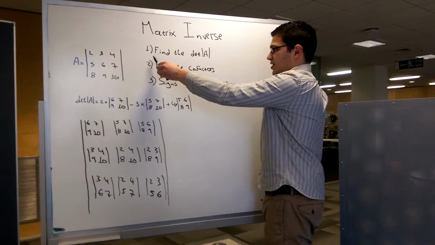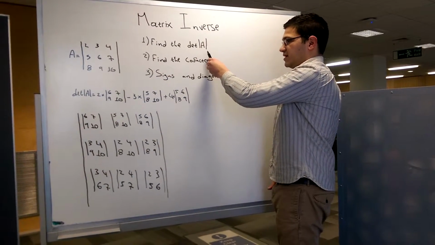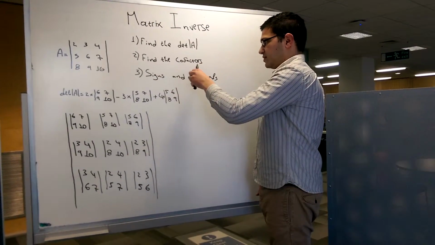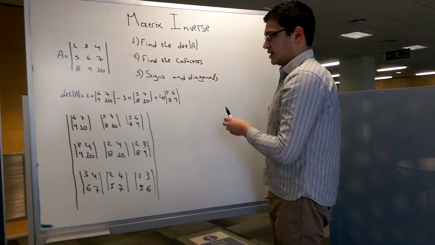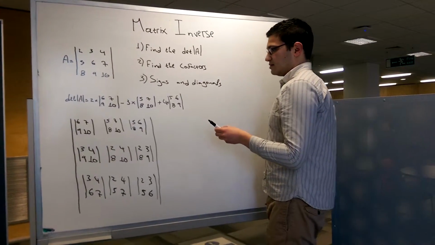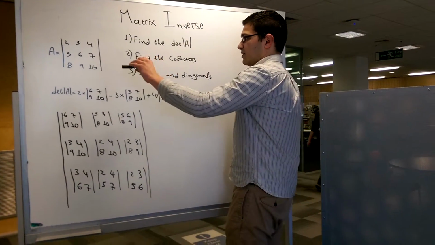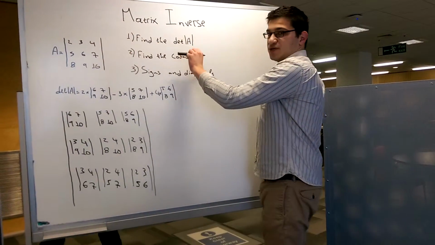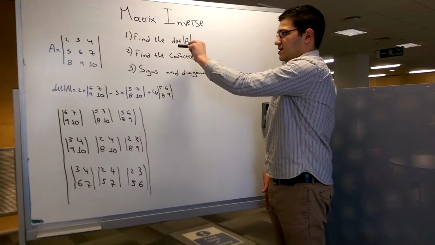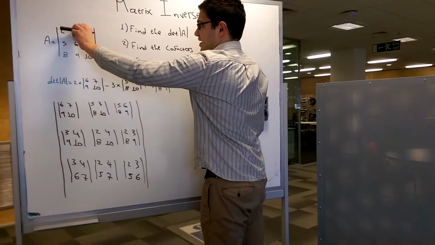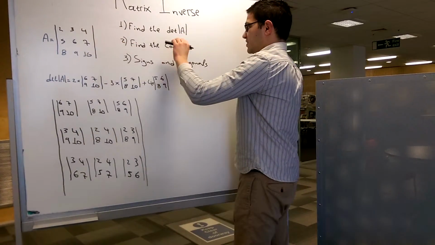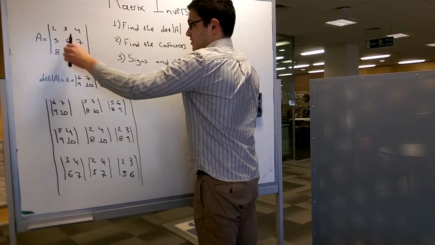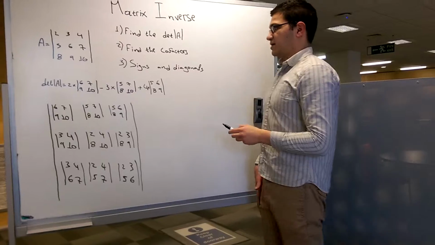The first thing that you have to do is to find the determinant of A. The second thing is that you have to find the cofactors, and the cofactors are taken when you find the determinant of every row and every column. In the actual determinant, you use the first row and the first column. When you find the cofactors, you do the same thing for every row and every column.